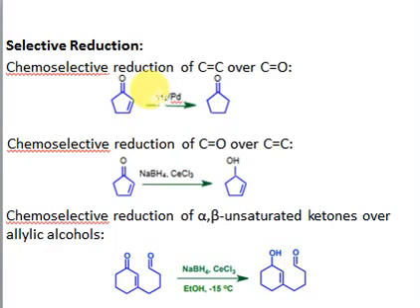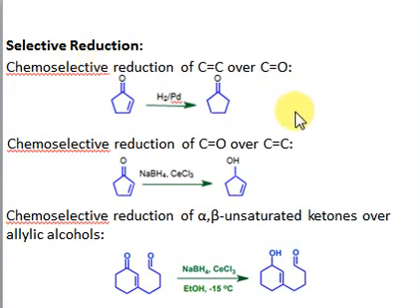So we will get two products: one in which the carbon-carbon double bond is reduced, like this one, and another in which the carbon-oxygen double bond is reduced. The product of carbon-oxygen reduction will be an alcohol, right?